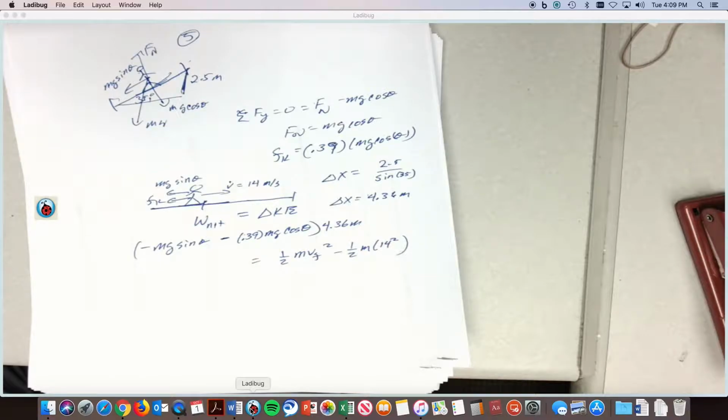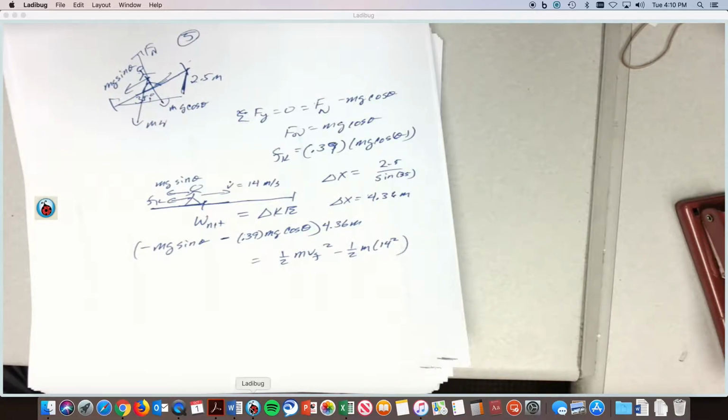So we've got negative 60 times 9.8 times sine of 35 minus 0.39 times 60 times 9.8 times the cosine of 35.